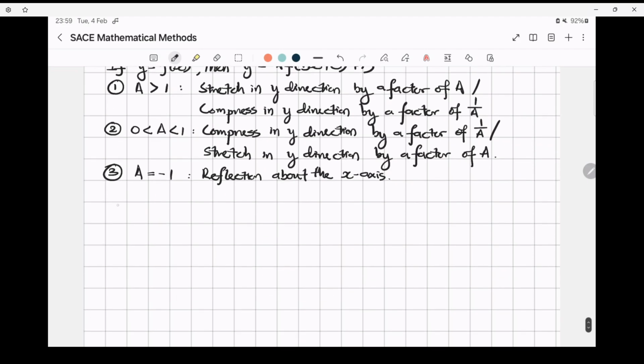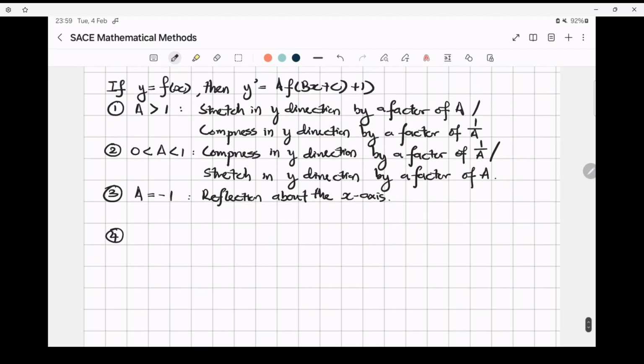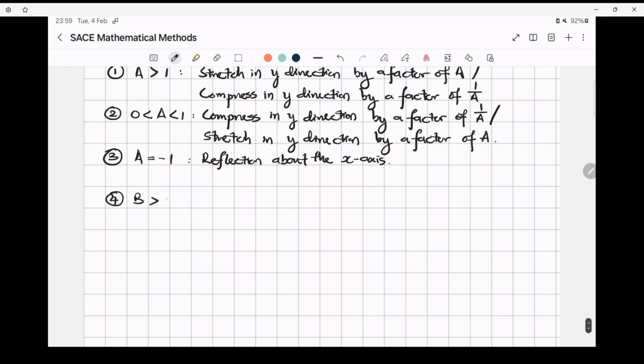So now let's look at constant b. If b is greater than 1, then this is actually a compression in the x direction by a factor of b.